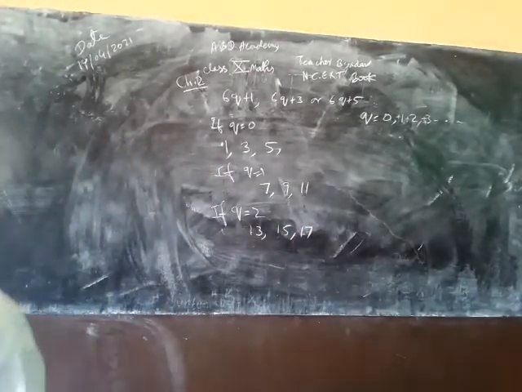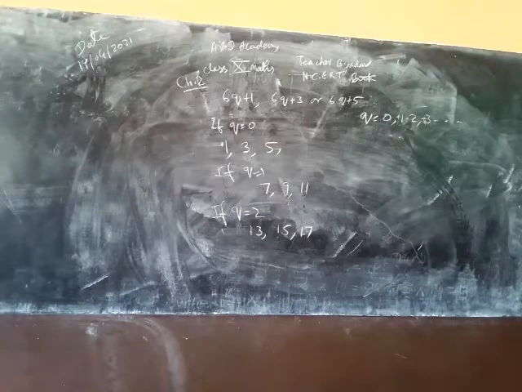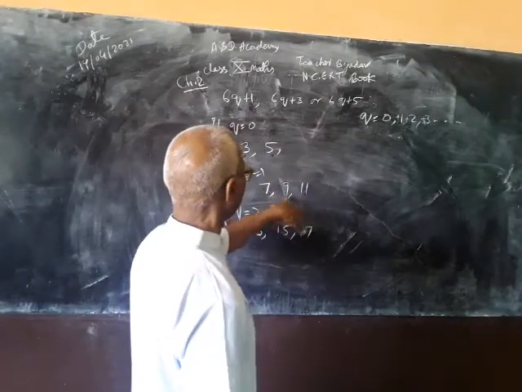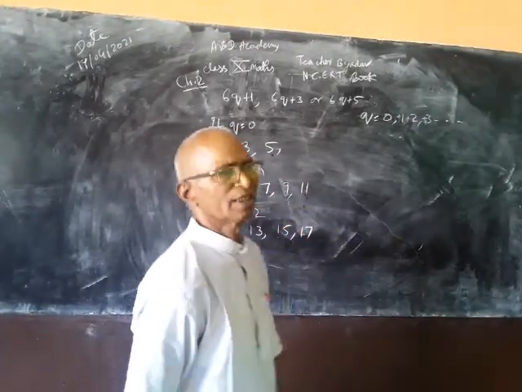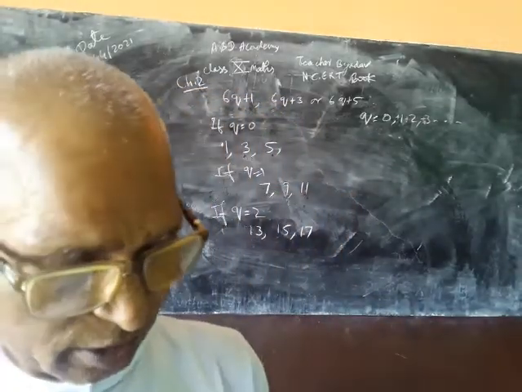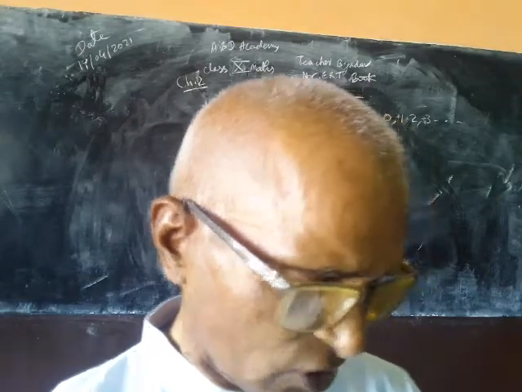By taking q as 0, 1, 2, 3, 4, 5, we get integers 1, 3, 5, 7, 9, 11, 13, 15, 17 and so on, continuously. So it is proved that any positive odd integer is of this form.